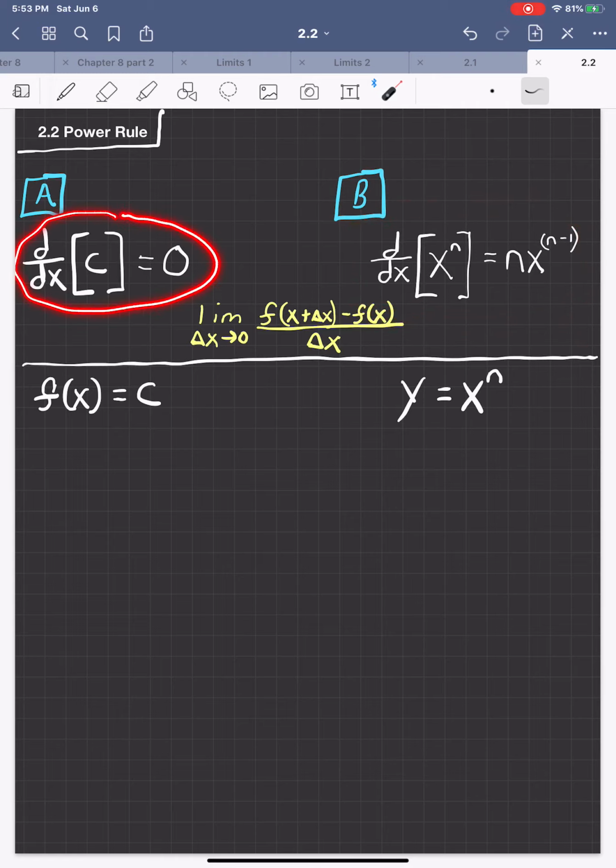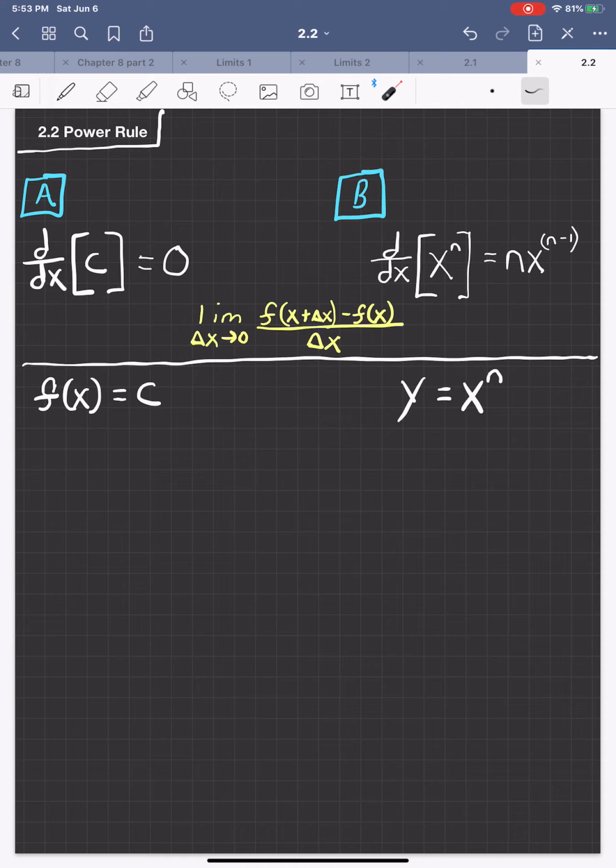It's a pretty simple statement that the derivative of any constant is equal to 0. Intuitively, I could show you the graph, and we could address why this makes perfect sense just through the graph.